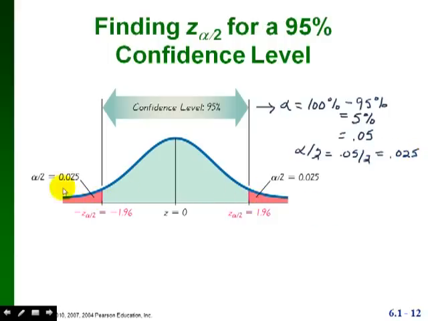Now, to actually find the z-score that goes with this, the easiest way and the quickest way, either with your table or with your calculator, is to use the one in the left tail. Because remember, when we're dealing with our z-scores table, we always have to go to the left. This one is already going to the left, so it's easier to just look up this. So what we need to do is look up our 0.025 in the middle of the table. So I'm going to write that as 0.0250.